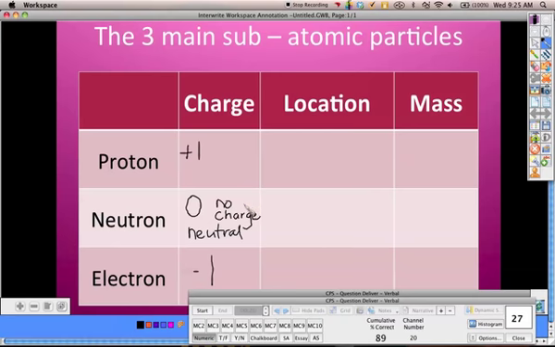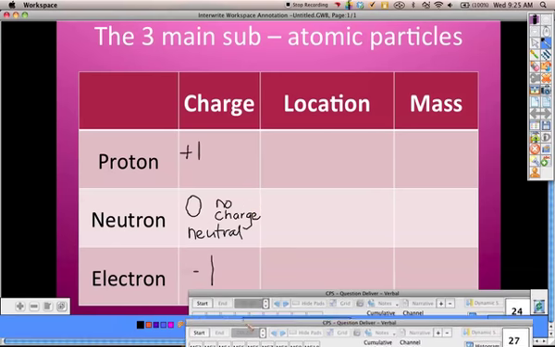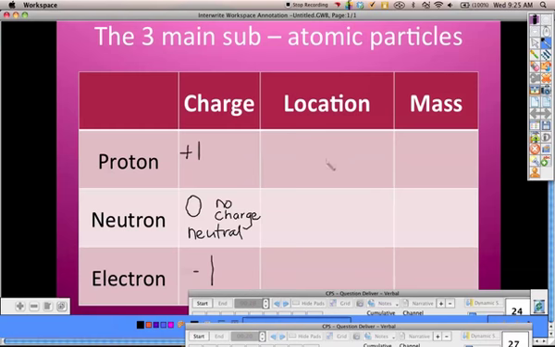Okay. The location. We've got some particles that are in the nucleus and some that are outside of the nucleus. Go ahead, shout out if protons are in the nucleus or outside the nucleus. In the nucleus. What about the neutrons? Yeah, those too, in. And electrons? Outside.